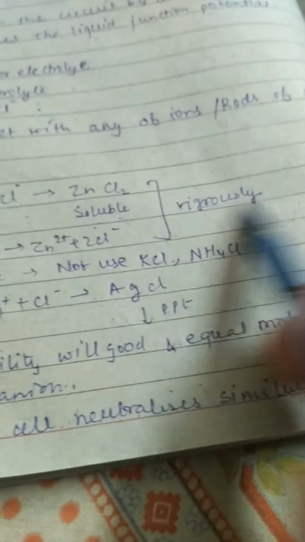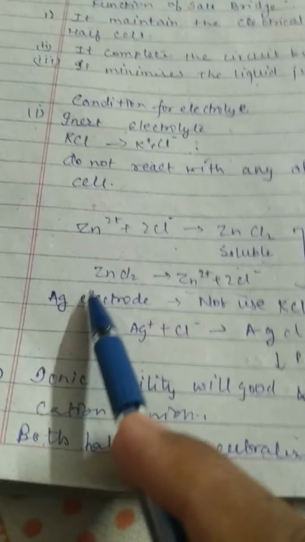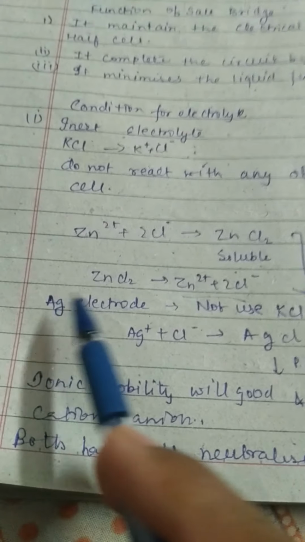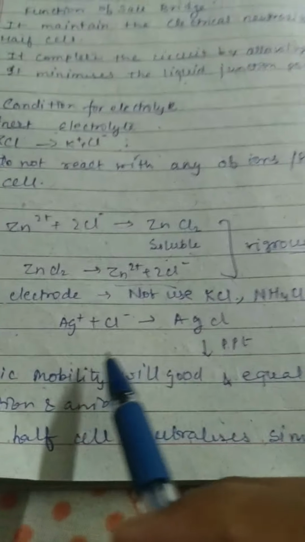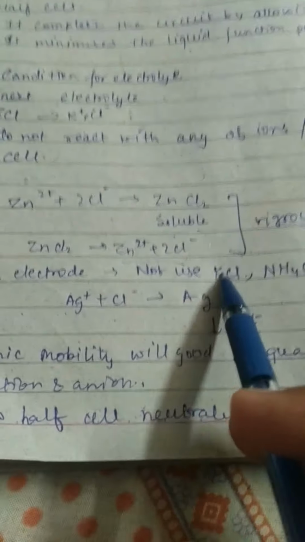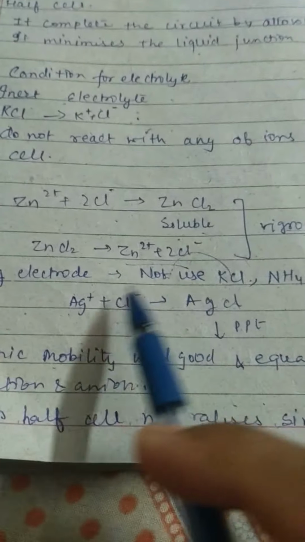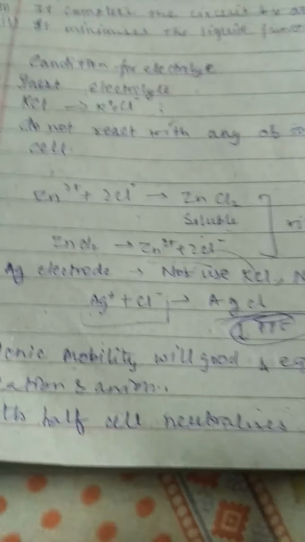But in an Ag electrode we cannot use KCl or NH4Cl, because KCl has Cl- ions which can react with Ag+ to form AgCl, which precipitates. So it is a problem.